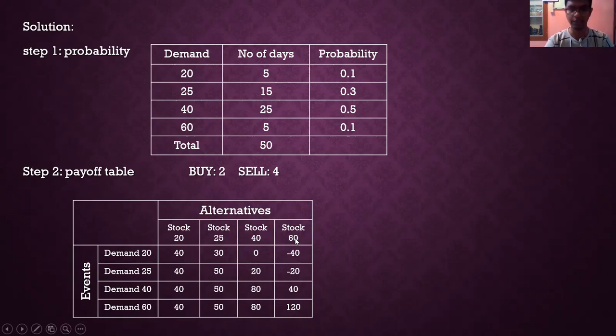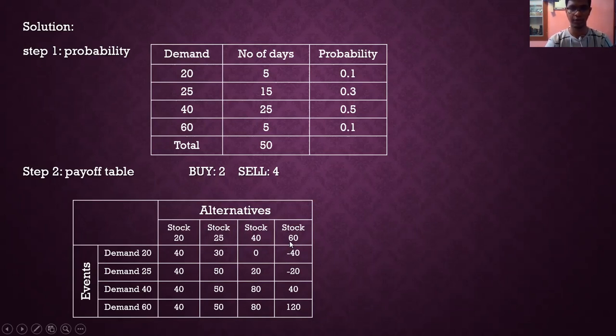So next again we'll move to this one. So here we have a stock of 60 but a demand of 25. So we have excess stock, but the demand is only 25. We can meet only this much demand, so we can sell only this much. So the rest will be deducted from our profit.